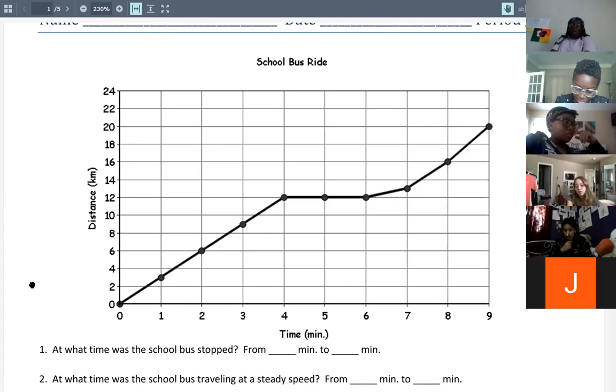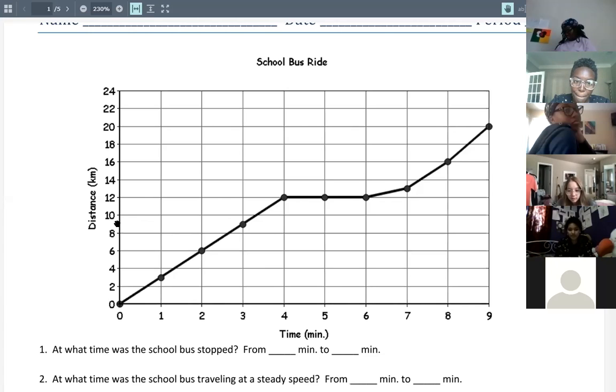Does everyone see that? So I said at 3 minutes, how far had it traveled? So here's 3 minutes. And if I go all the way up to where the dot is, that's about, if I go over, it's in between the 8 and the 10, so it's about 9 kilometers, okay? What about, Jalen, how far had the bus gone at 9 minutes? 20 kilometers. Yes, 20 kilometers, very nice.